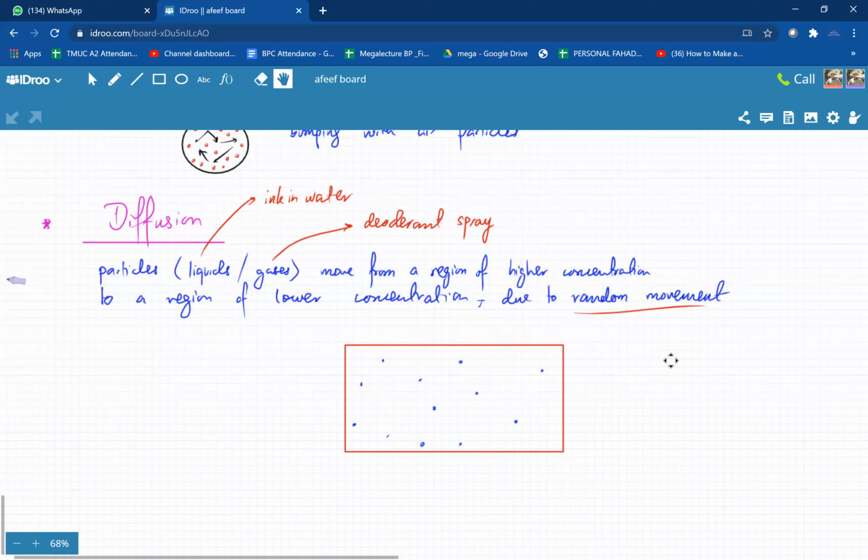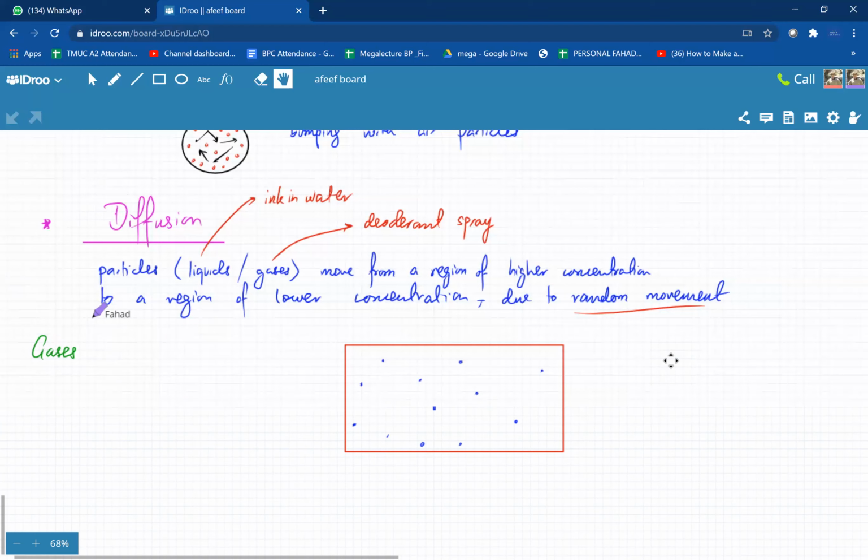So this is diffusion. Now tell me, liquids or gases, where would the diffusion be faster? It will be quicker in gases because they have more energy. Gases are more energetic. Like with perfume, you spray it at one side and you can immediately smell it on the other side.